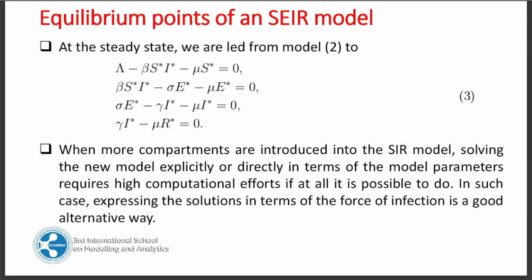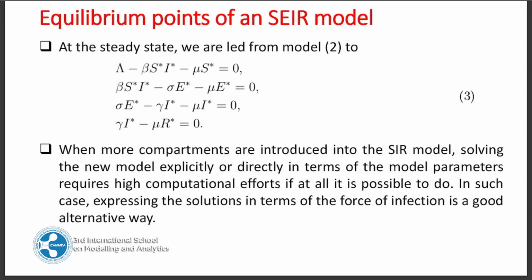So we see that when more compartments are introduced into the model, solving the new model explicitly or directly in terms of the model parameters requires high computational effort. That's if at all it is even possible. It is not always the case that you can explicitly find the endemic solution in terms of the model parameters.